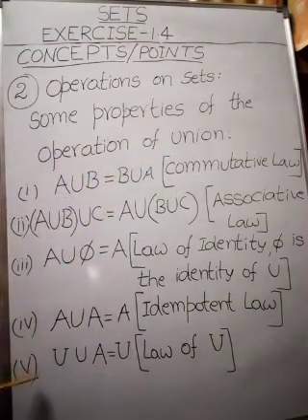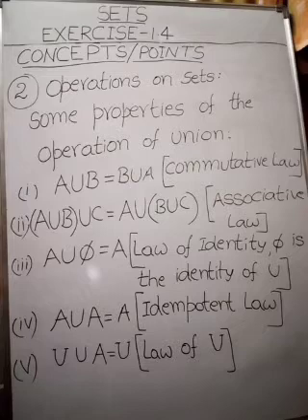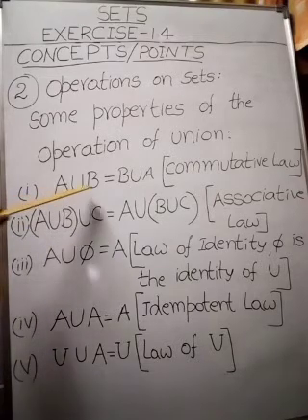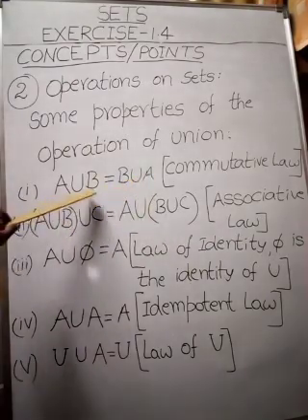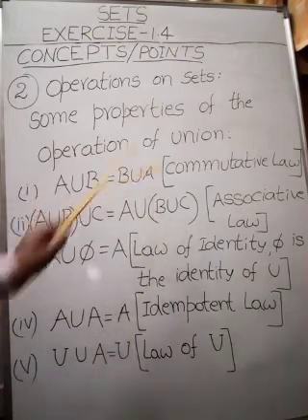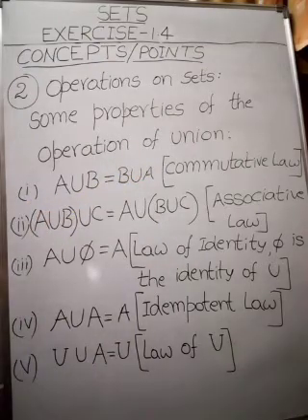These 5 are properties of the operation of union. The first property, A union B is equal to B union A. If you find A union B and B union A, they denote the same set. We get the same result.